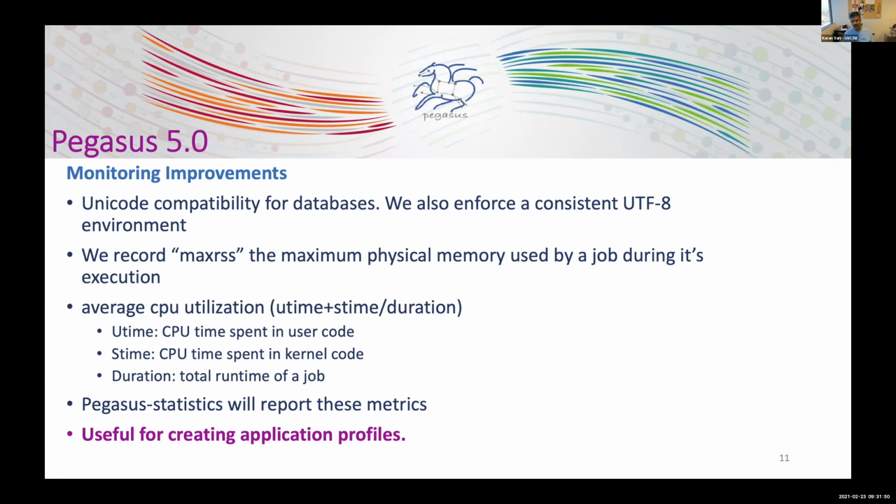We started recording that information in our monitoring database, and we may present it to the user along with average CPU utilization. So we have updated the Pegasus dashboard to reflect these metrics, and also Pegasus statistics. And the memory reporting is pretty useful for creating application profiles. So you can see in one shot what are the max memory usages of different types of jobs in your workflow.